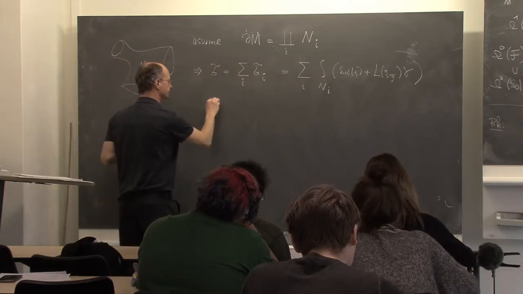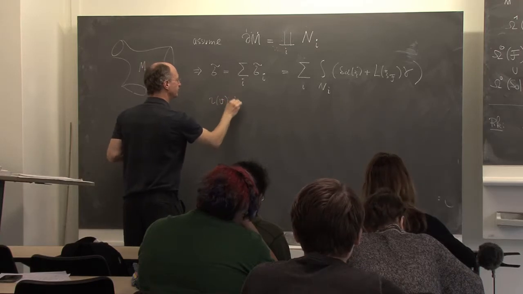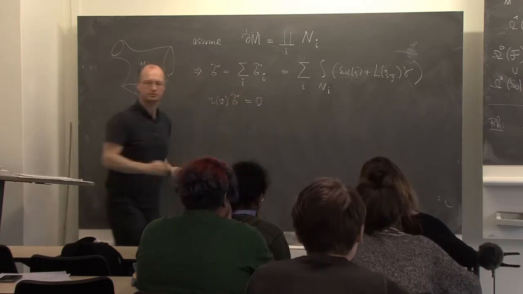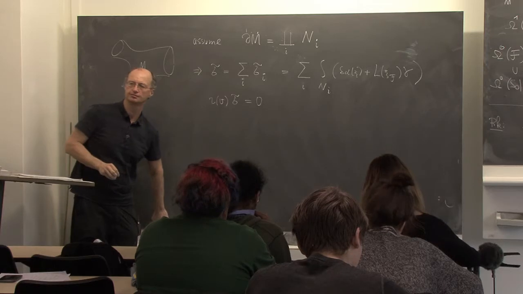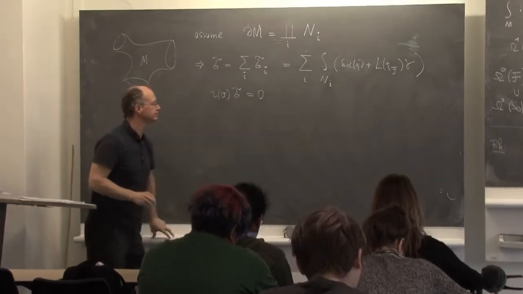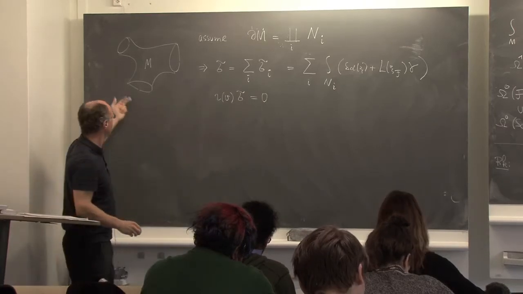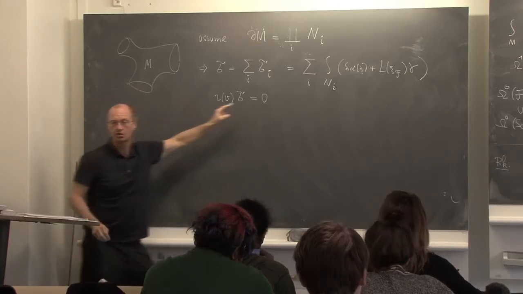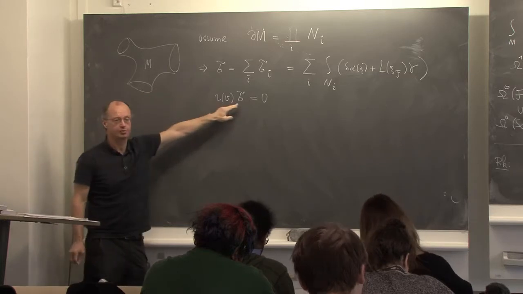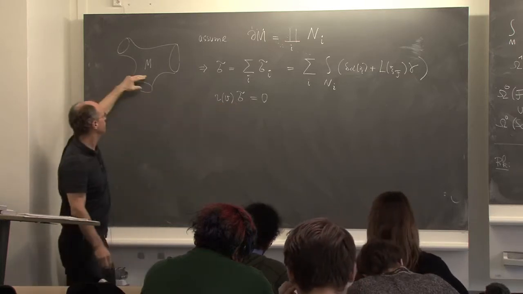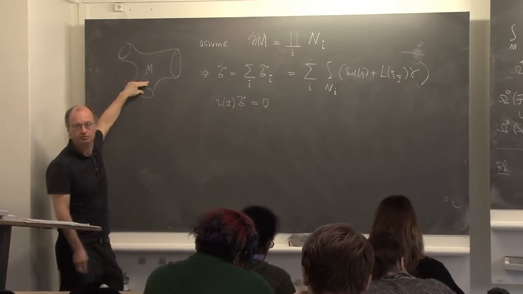Well, we know that iota v of sigma tilde is 0. Now what can we do? We can simply choose our psi to be supported near one of the boundary components.